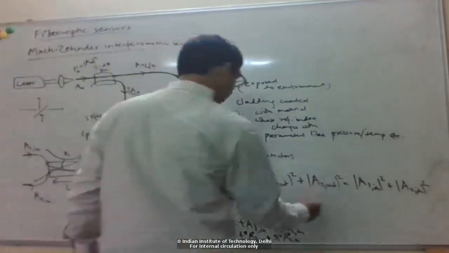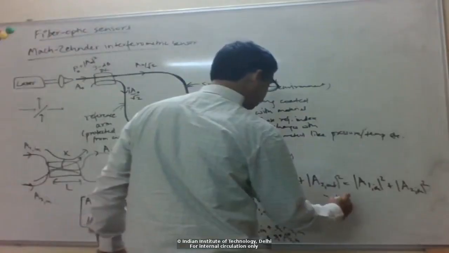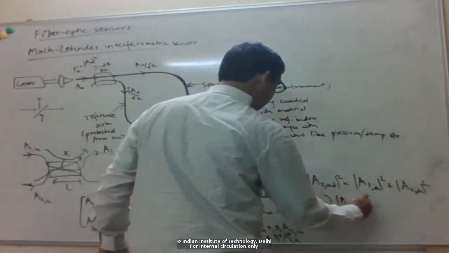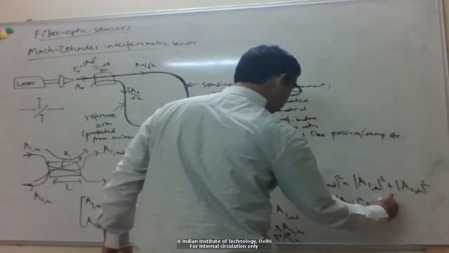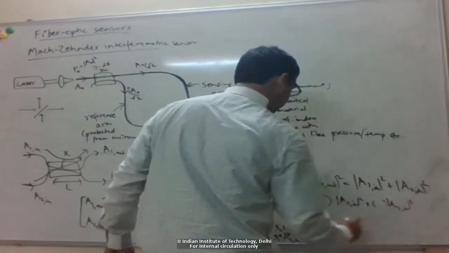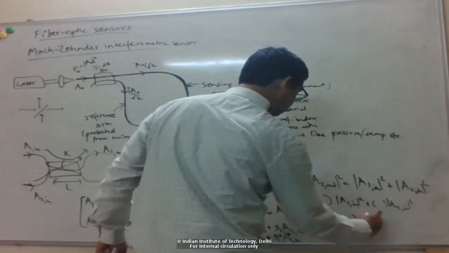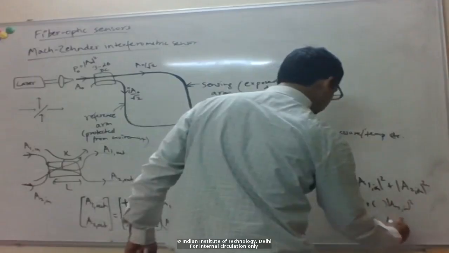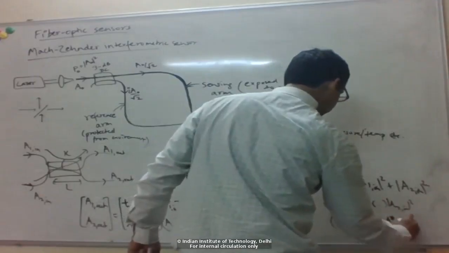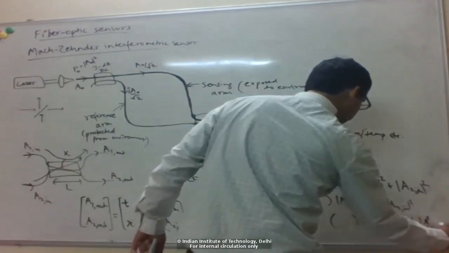So you'll get some coefficients times A1 in square plus some coefficients times A2 in square, and you also have some cross terms, like some coefficients times A1 in A2 conjugate in plus A1 conjugate in A2 in, equal to 0.